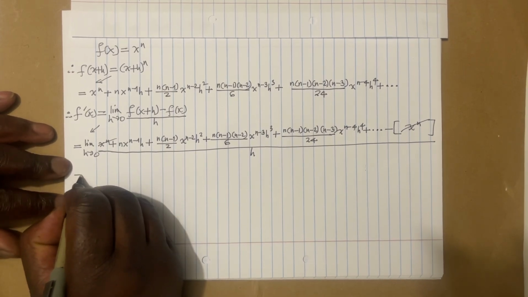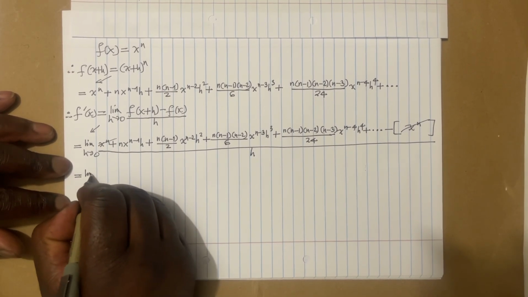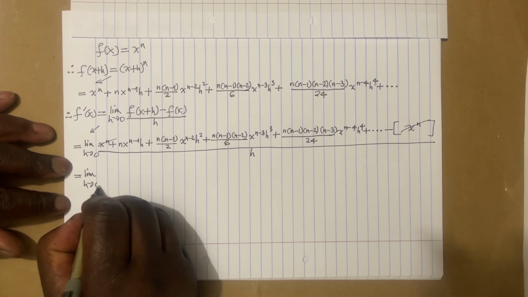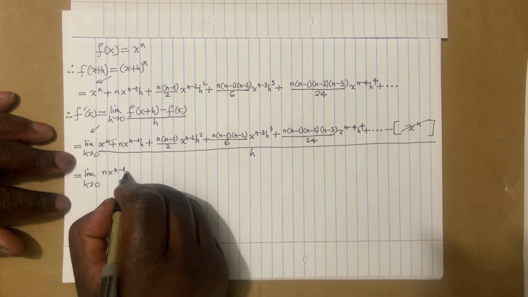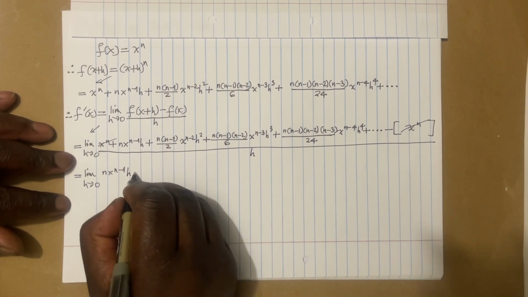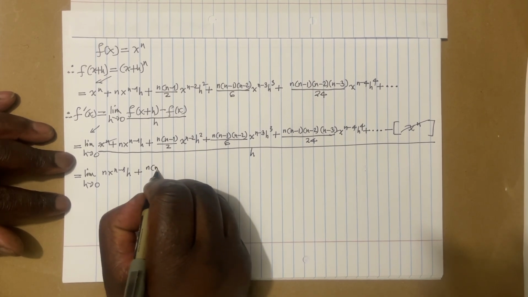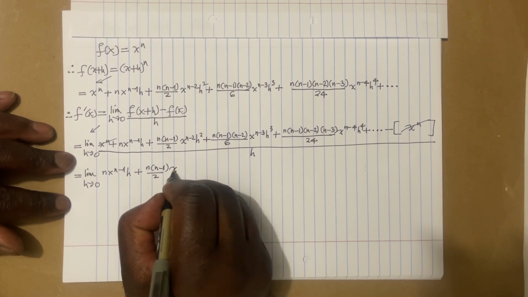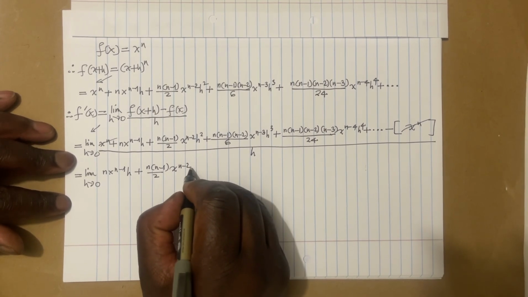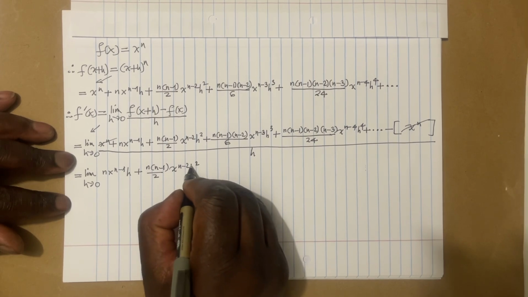In the next step, we have limit as h approaches 0. Now I'm left with n x power n minus 1 h, that term, and then plus n minus 1 all over 2 x power n minus 2, and I have h power 2.